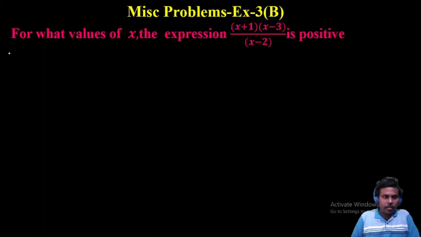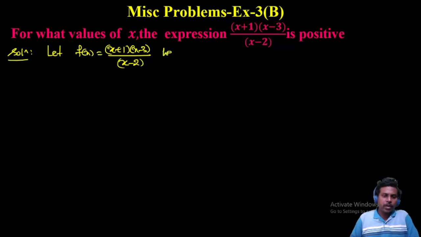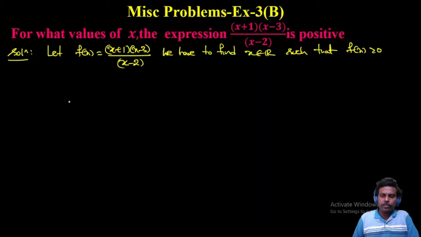Let f of x be equal to (x plus 1) into (x minus 3) divided by (x minus 2). Now we have to find x belonging to reals such that f of x is positive.